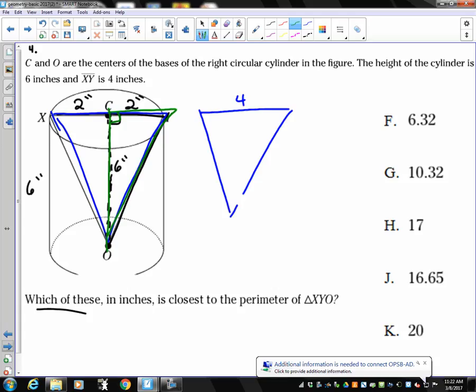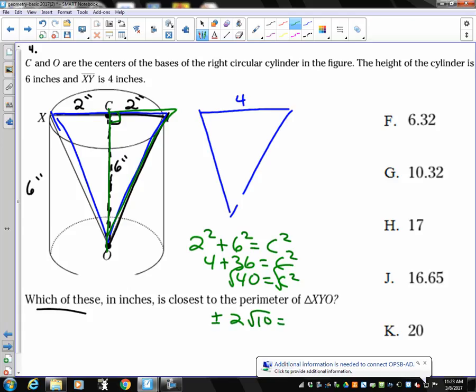So we can just say 2 squared plus 6 squared equals c squared. So that'll be 4 plus 36 would be c squared. So that'll be 40. And then we're going to take the square root of both sides. The square root of 40, we say 4 times 10, so it'll be plus or minus 2 square roots of 10.